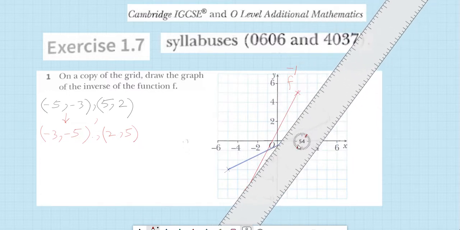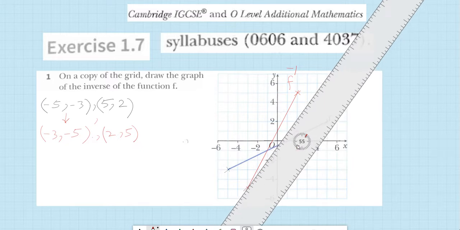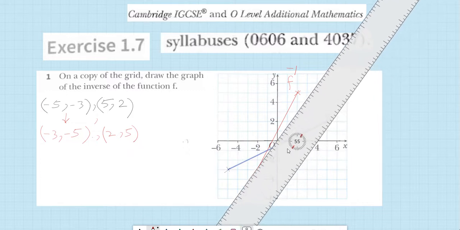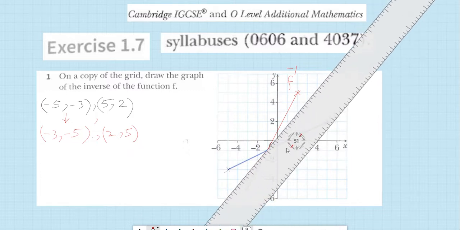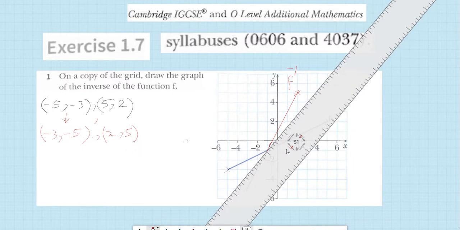Okay, and now if you draw the mirror line, it is not necessary, but if you want to see, because the graph of the inverse of a function is the reflection of the function.